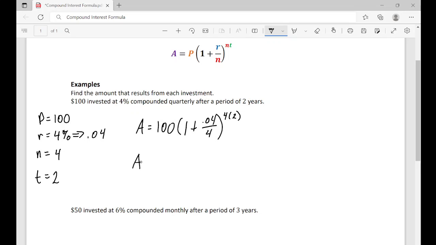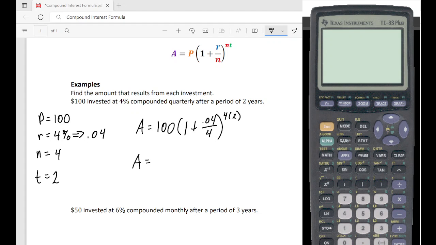And here you would just plug it into your calculator, the easiest way to do it. So that's what we're going to do. We're just going to plug everything in here, get an answer. So it's going to be 100 parentheses 1 plus 0.04 divided by 4 raised to 4 times 2, and I'm just going to call that 8.